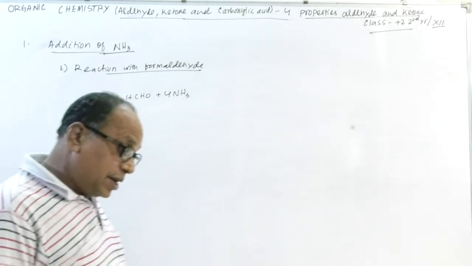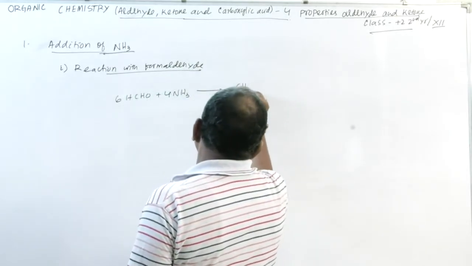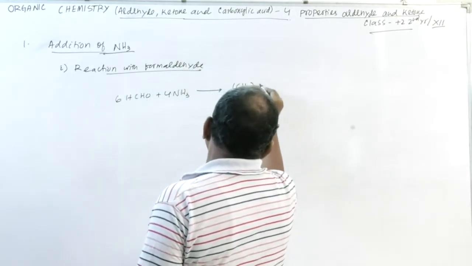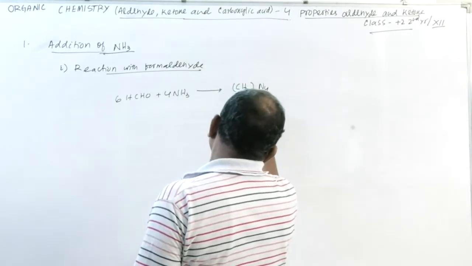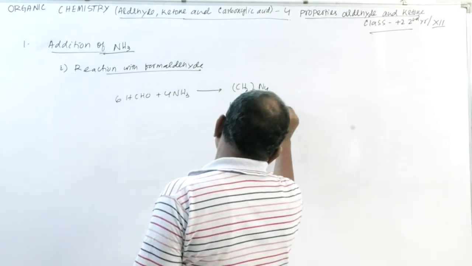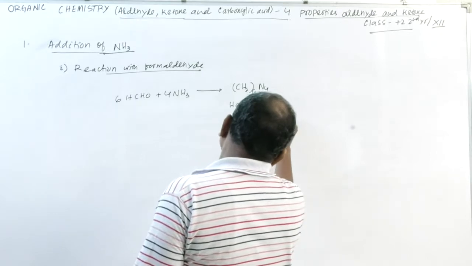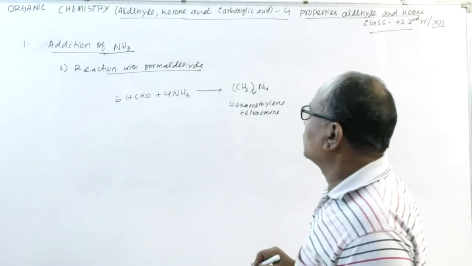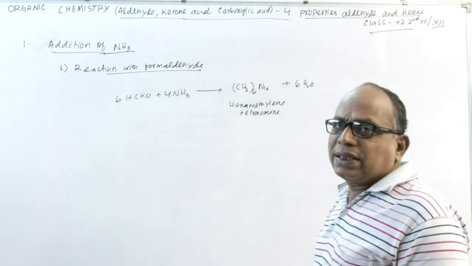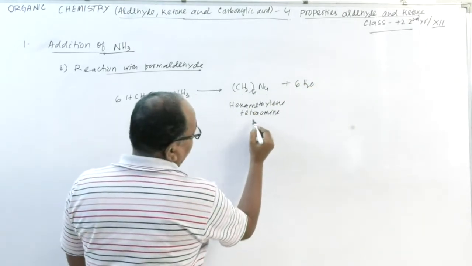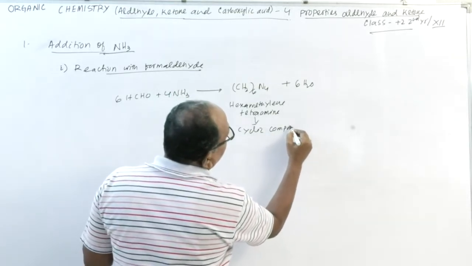It forms a cyclic compound. The cyclic compound is (CH2)6N4, called hexamethylene tetraamine, plus 6H2O. And this hexamethylene tetraamine is a cyclic compound.